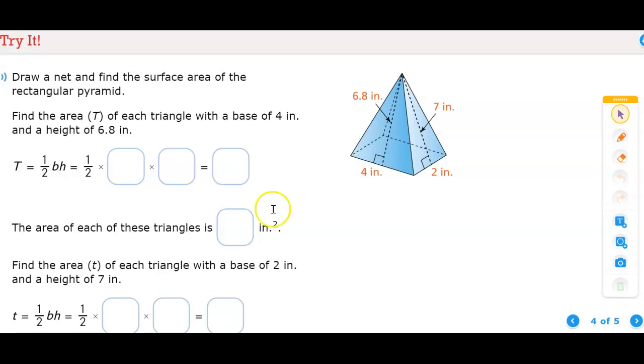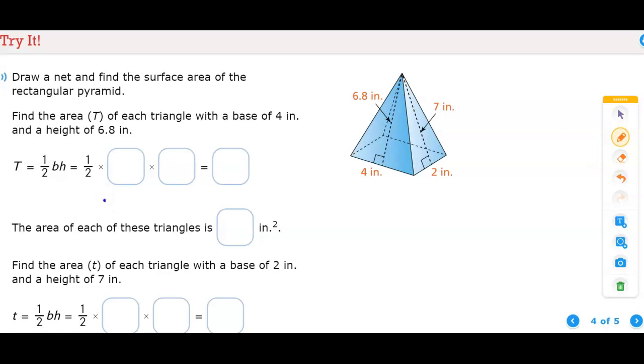Find the area of each triangle with a base of 4 inches and a height of 6 8/10. So of the triangle, find the area of that first. They gave us the formula already, so we're just substituting those variables for the numbers.